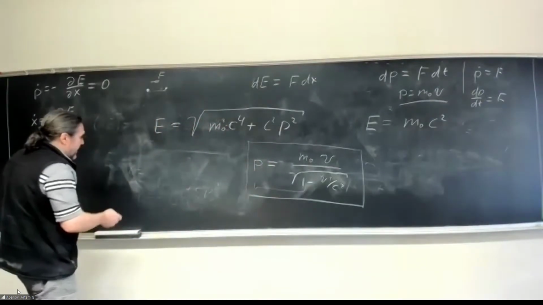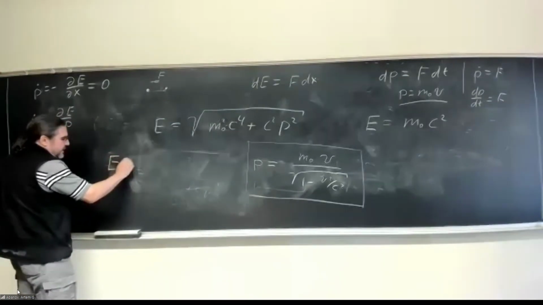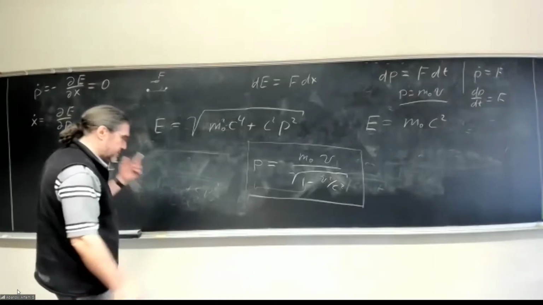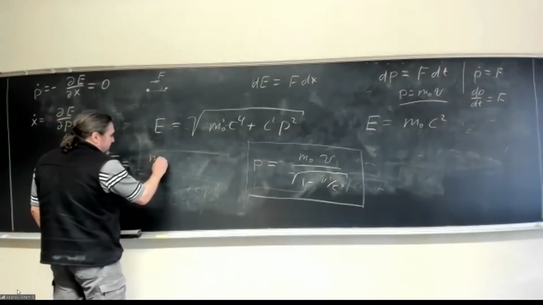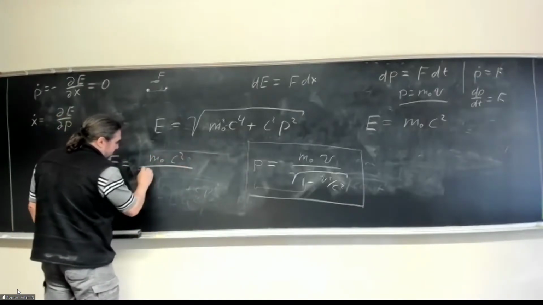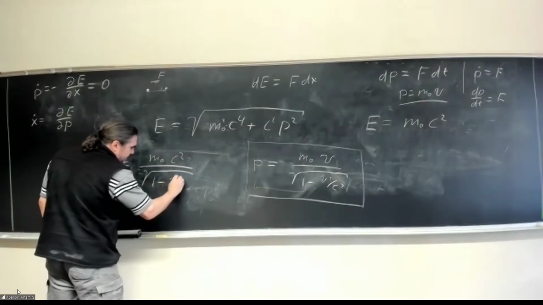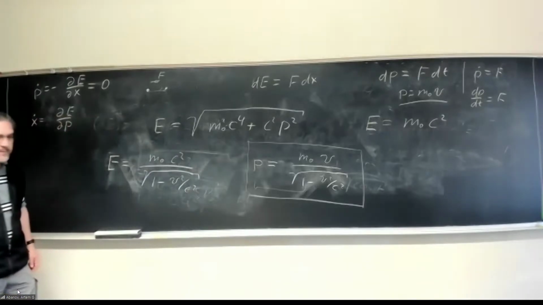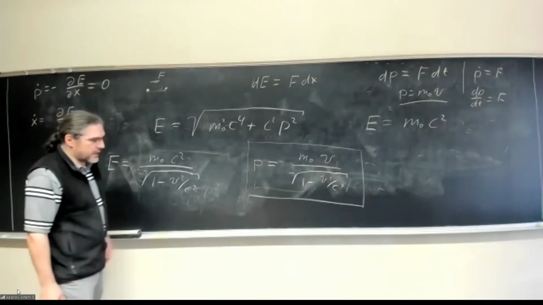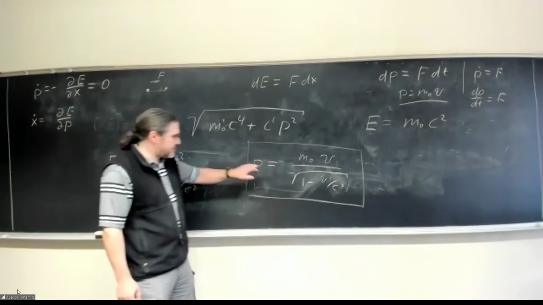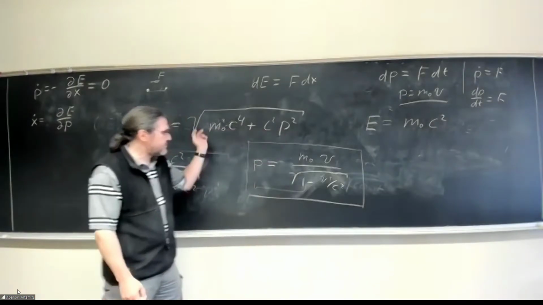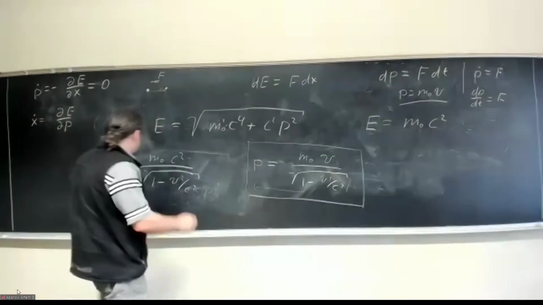And what I will find is that energy will be equal to m naught c squared divided by the square root of 1 minus v squared divided by c squared. So again, this is just taking this and substituting here. Okay. Does that make sense?